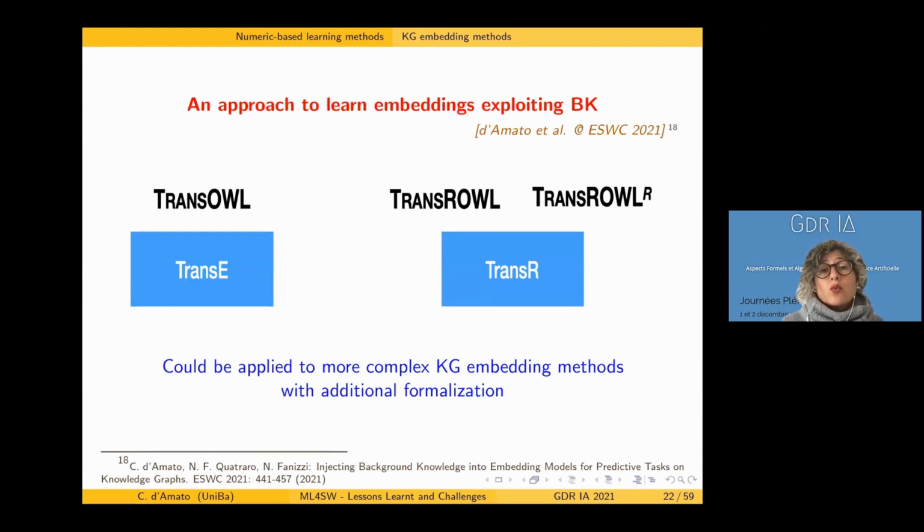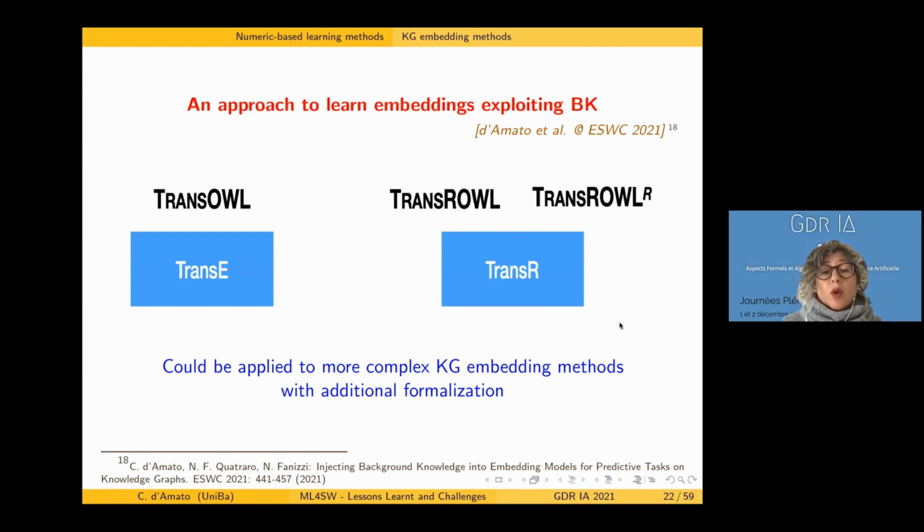Here, I'm going to present an approach for learning vector embeddings while exploiting the background knowledge. And specifically, I illustrate TransAul, which is grounded on TransE, and TransRAul, jointly with its variant, which is named TransRAul-R, which is grounded on TransR.